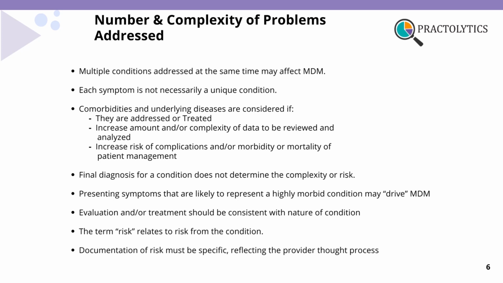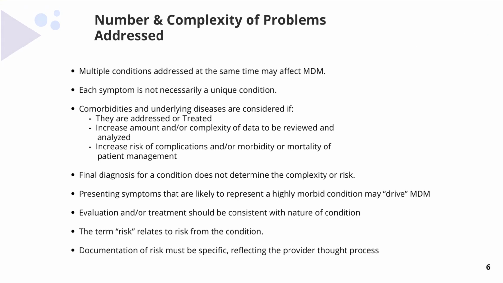Now, the physician has to indicate why they think the risk is at that particular level. There needs to be a thought process of the physician which is documented. And the documentation cannot simply say it's a high risk or a moderate risk or a low risk problem. It has to quantify, or it has to specifically identify why it is at that risk level. So, the physician's thought process should actually be captured in the documentation.